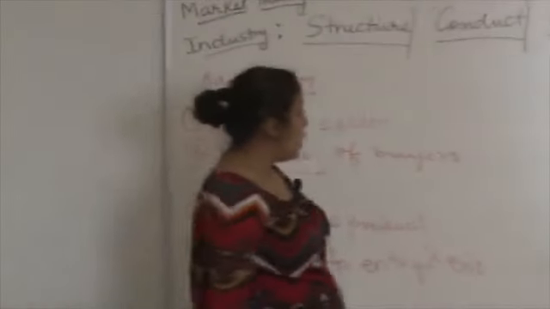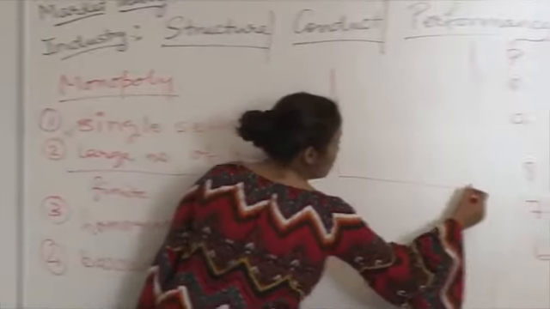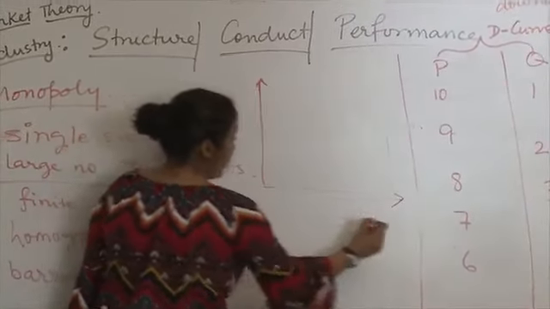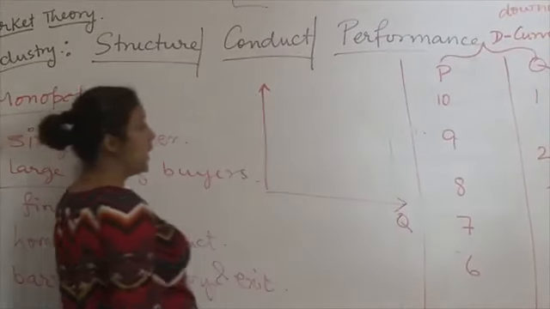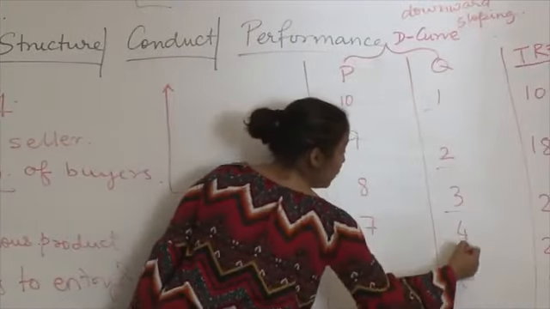Okay. Now, let us say I have this diagram where I am plotting quantity on the x axis. So, the quantity is this, right, 1, 2, 3, 4, 5.